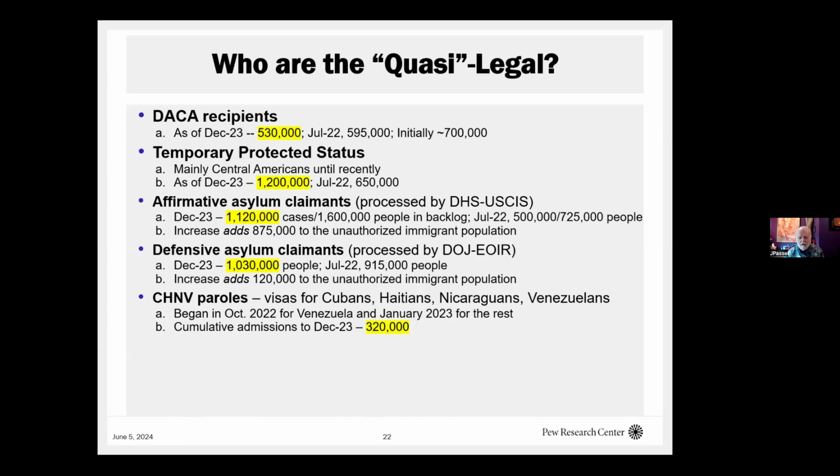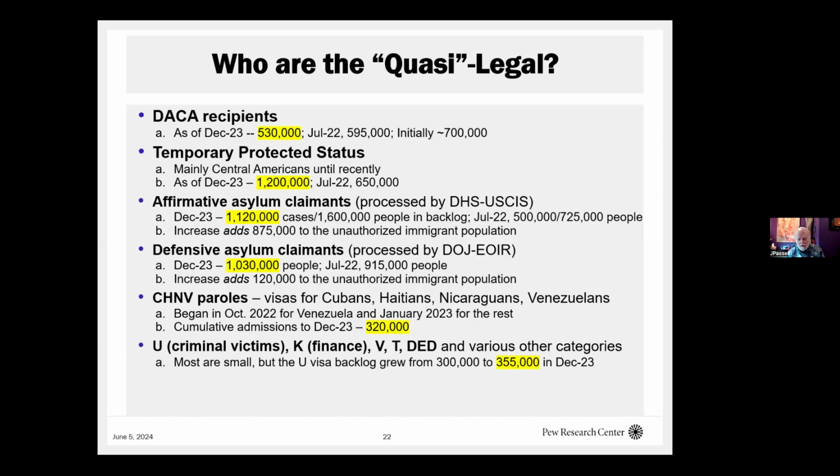It allows about 30,000 people a month from these 4 countries total to come to the United States. They are not admitted as permanent residents, but they are part of our unauthorized immigrant population. This has added about 320,000 people to the unauthorized immigrant population recently.